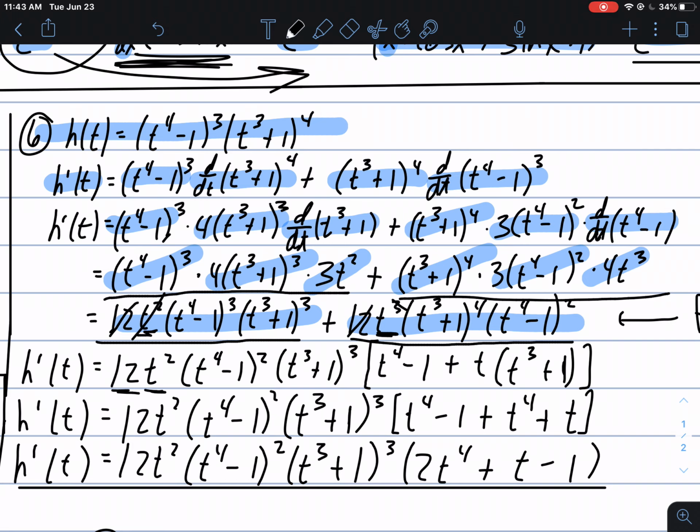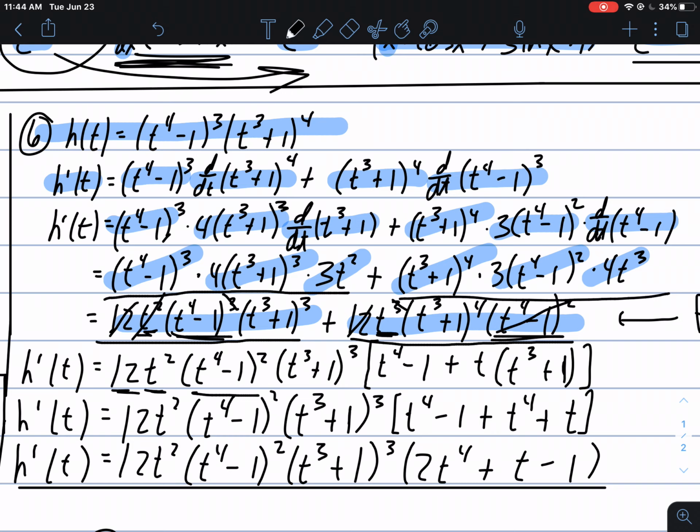We do the same thing with the other common factors. Notice I've got a t to the fourth minus 1 cubed. I've got a t to the fourth minus 1 squared. So I can pull out a common factor of t to the fourth minus 1 squared, right? You always pull out the lower exponent.